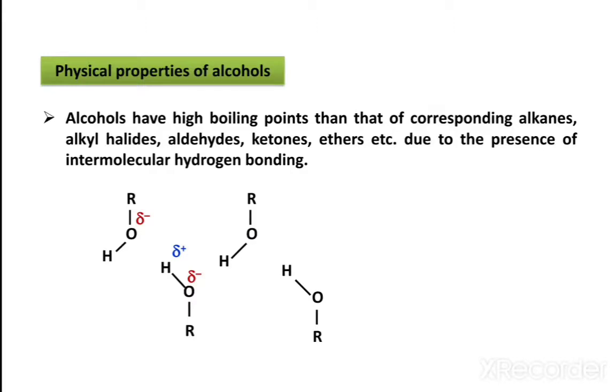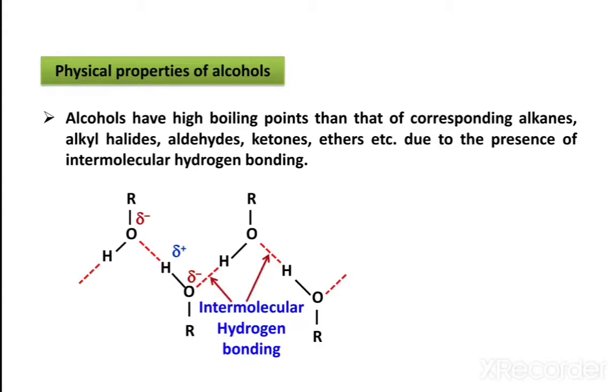Here the skeleton of this alcohol, and here we are showing the hydrogen bonding. It is called the intermolecular hydrogen bonding. I have shown here by arrow. This is OH, on this OH, that means the dotted line, it is the intermolecular hydrogen bonding. Due to formation of the intermolecular hydrogen bonding, alcohol have high boiling points.